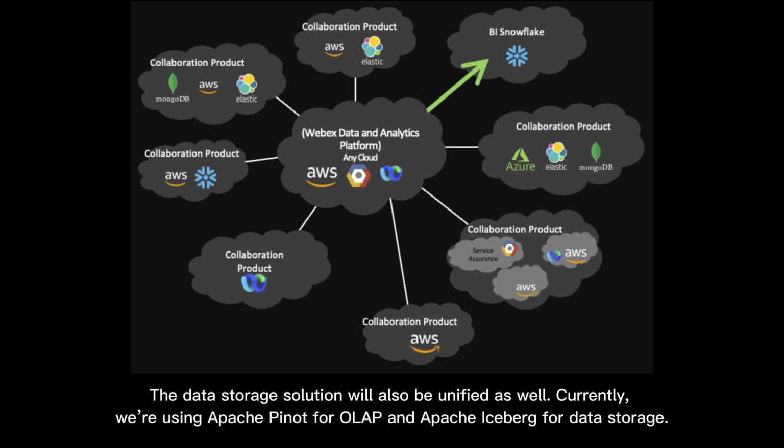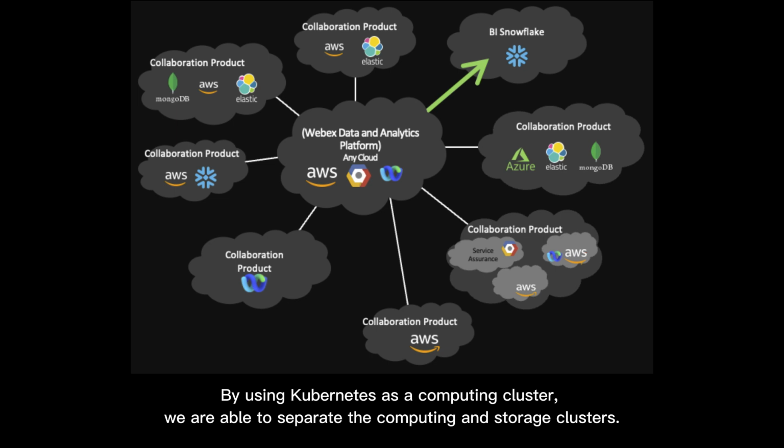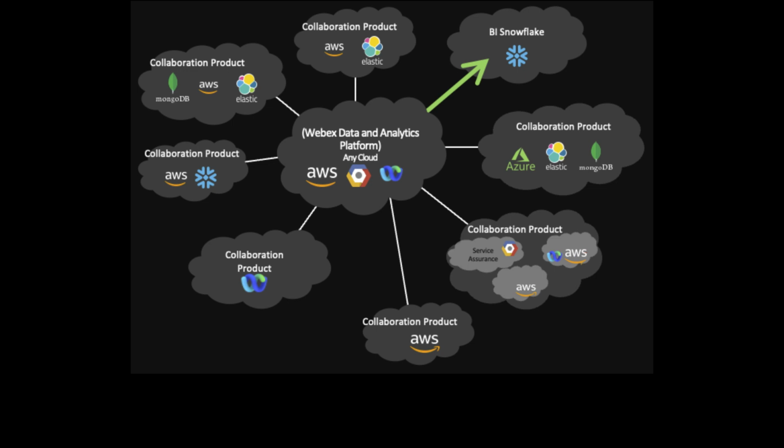The data storage solution will also be unified. Currently, we're using Apache Pinot for OLAP and Apache Iceberg for data storage. By using Kubernetes as a computing cluster, we are able to separate the computing and storage clusters.